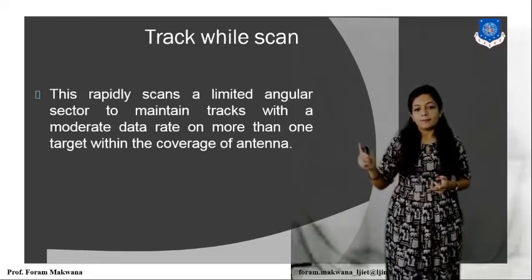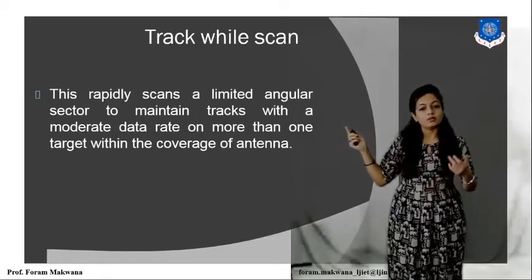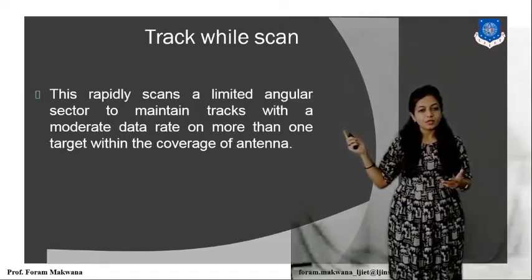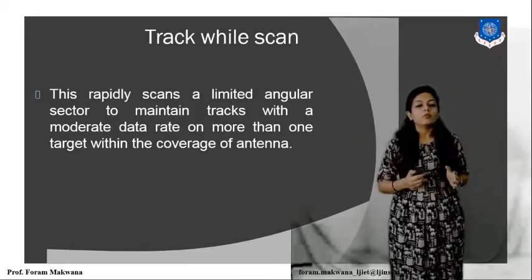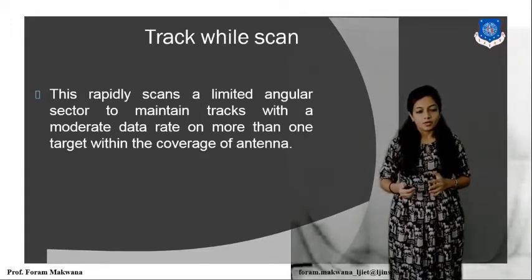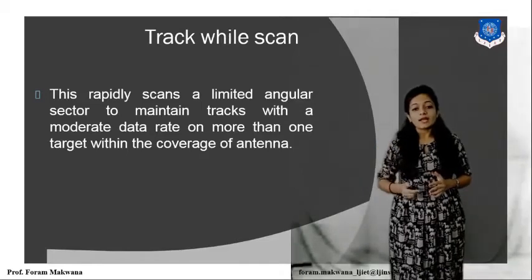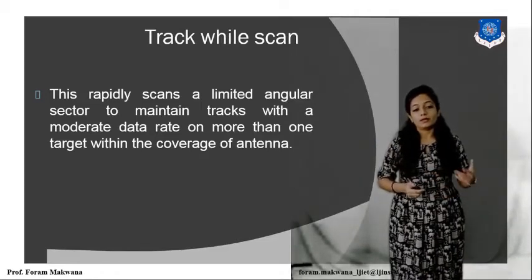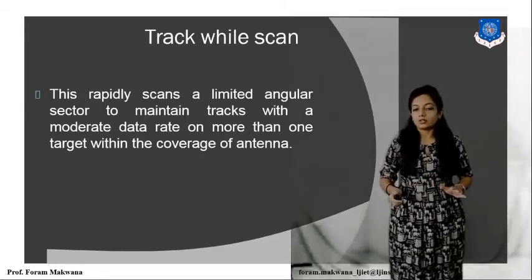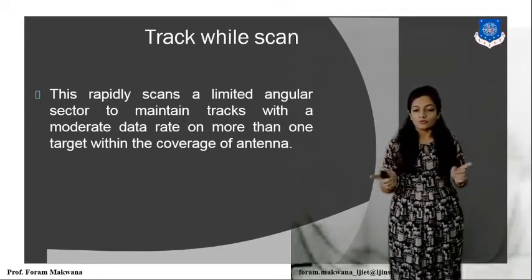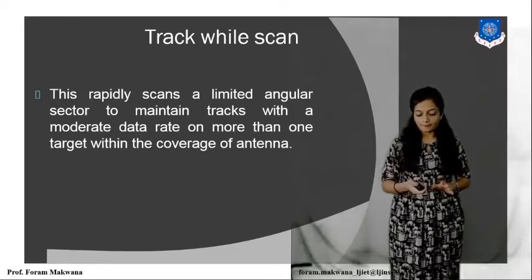It rapidly scans a limited angular sector to maintain the track with a moderate data rate. So we are able to track more than one target, but it totally depends on the coverage area of the antenna.